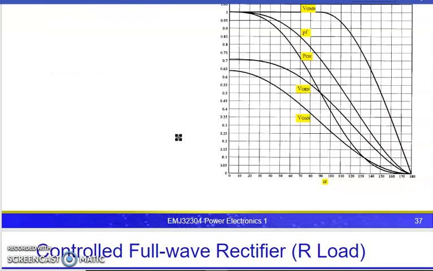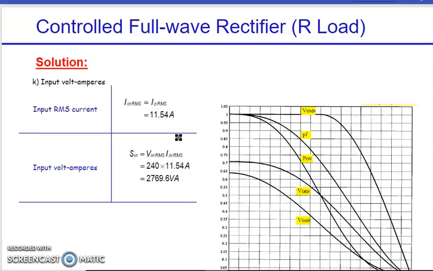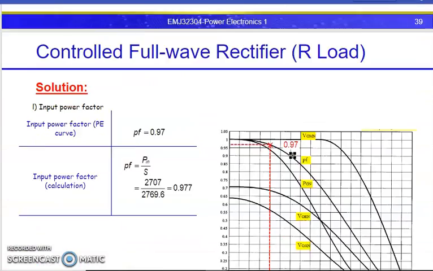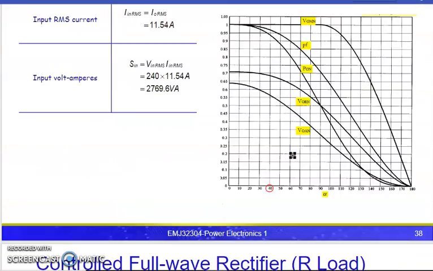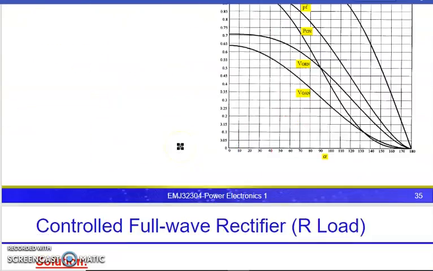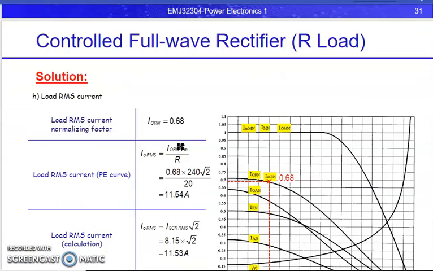Then the input volt ampere. Input volt ampere, I in RMS at 40 degrees. The I in RMS we calculated just now on page 32 is 11.54.